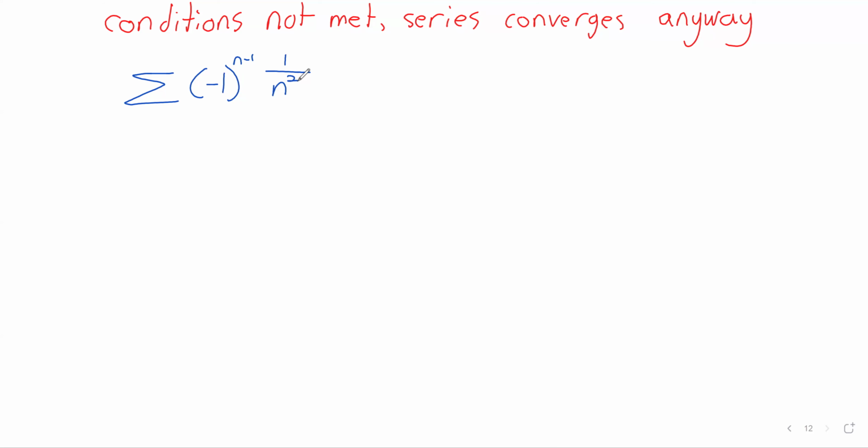Here the conditions are met. 1 over n squared is going to 0, and 1 is greater than 1/4, which is greater than 1/9, which is greater than 1/16, and so on.